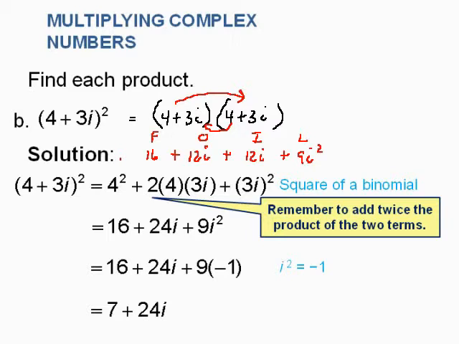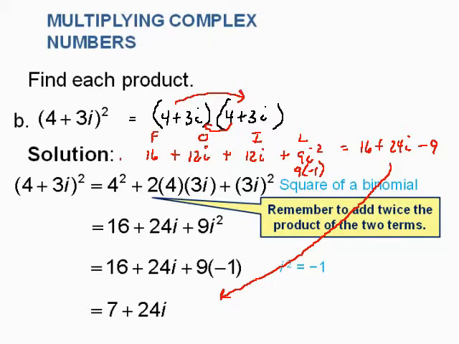Okay, so again, be careful here, because this is going to be 9 times negative 1, which if you look down here, it's going to give you a negative 9. So we're going to end up with 16 plus 24i minus 9, and that'll give us the final answer.